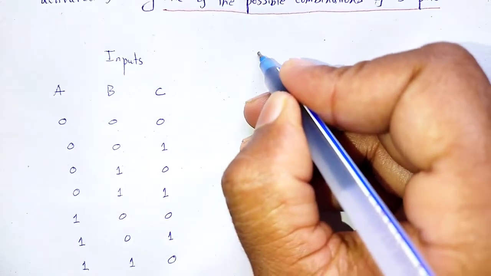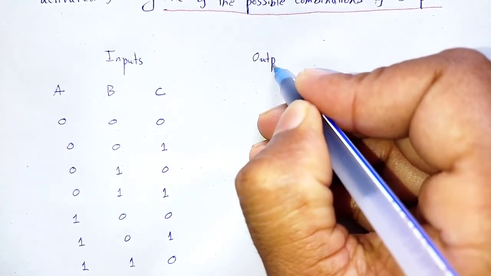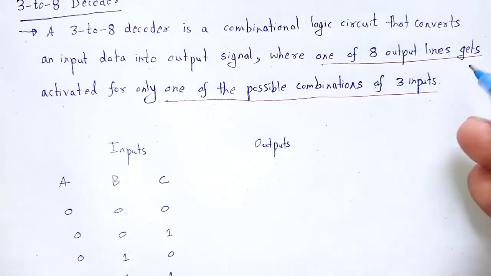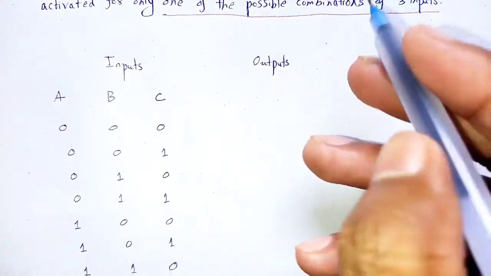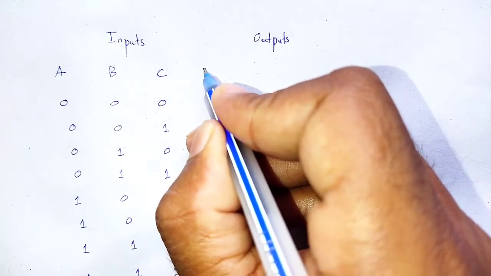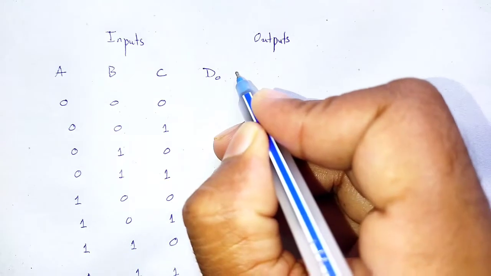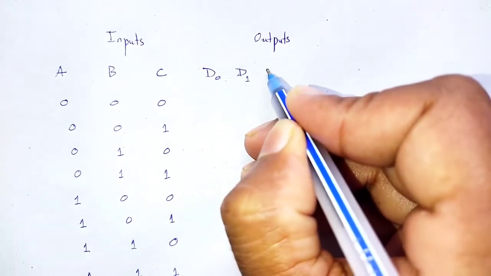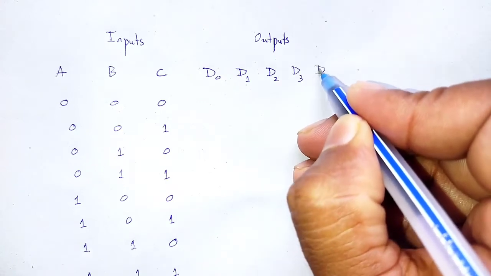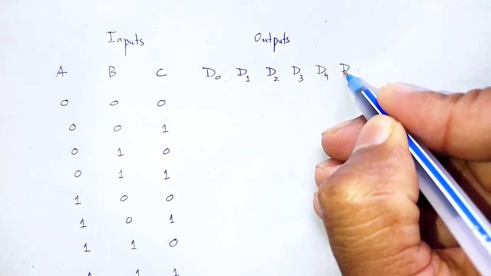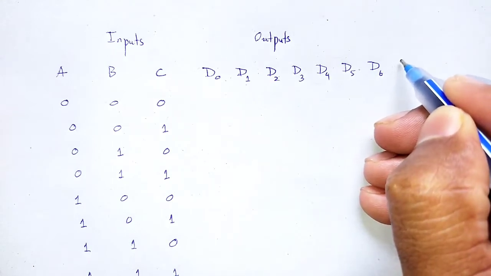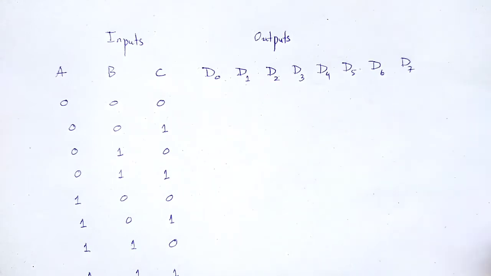And then at outputs, it is 8 number of output lines. The output lines are named D0, D1, D2, D3, D4, D5, D6 up to D7.